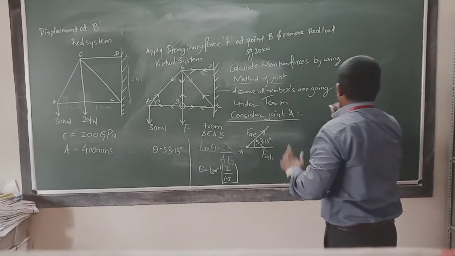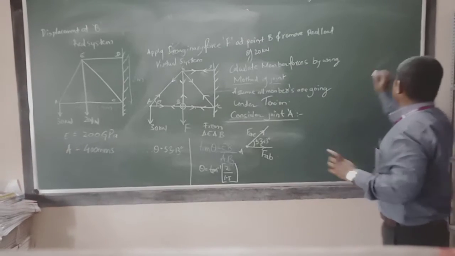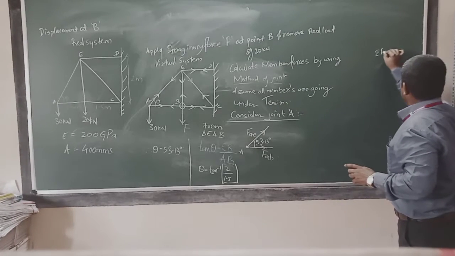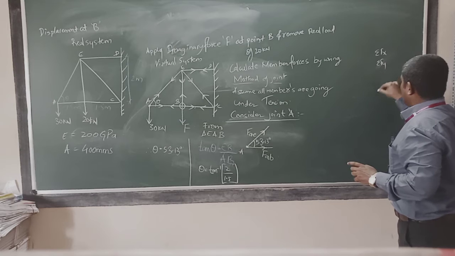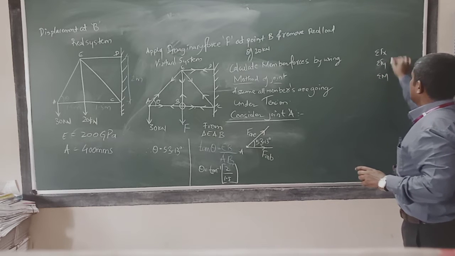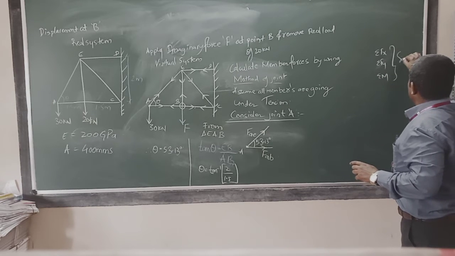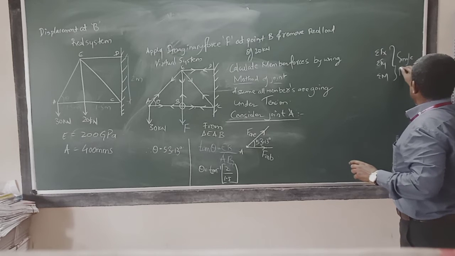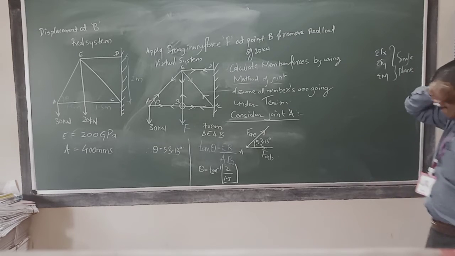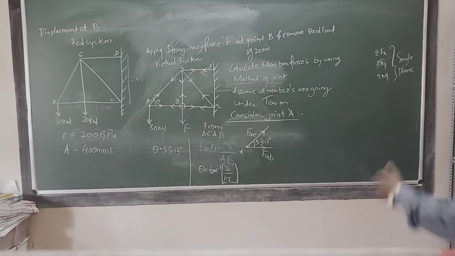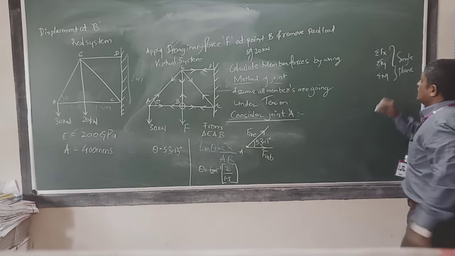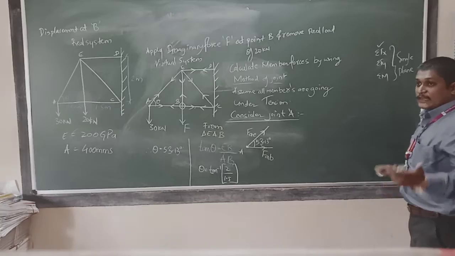After considering the joint, you have to keep all the equations of equilibrium in mind: summation of Fx, summation of Fy, and summation of moment. For a single plane, there are 3 equations of equilibrium. You try with Fx, and if you get the answer, okay.